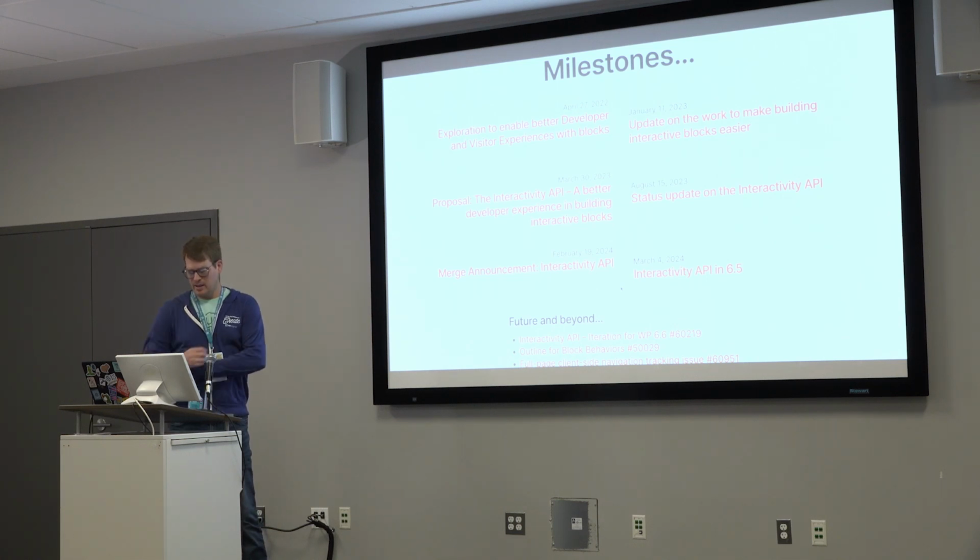Then in 6.5, which came out, I think, early April, was the first public release. The Interactivity API was there before, but it wasn't really publicly hookable, consumable, usable. With 6.5, they're encouraging developers to use it and lean into it. That's when the documentation really came out alongside to help developers.